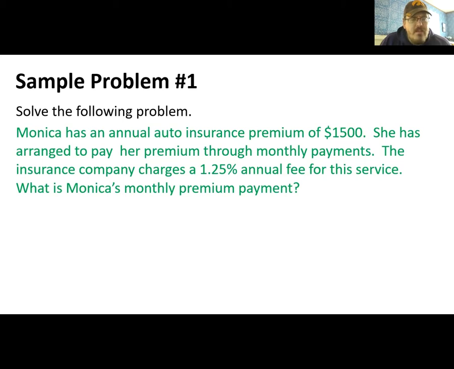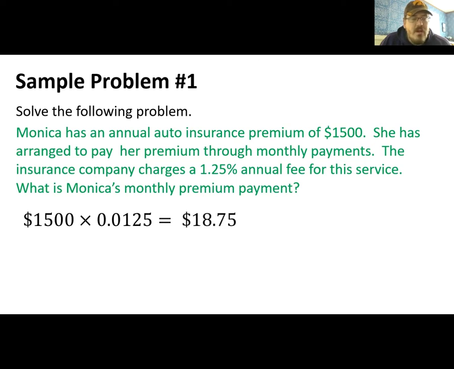What we basically need to do to solve this is start by calculating what the fee is for the year. To do that, we're going to take the total amount of the premium, the $1,500, times the percentage written as a decimal. So we move the decimal point 2 spaces to the left, and then we multiply.